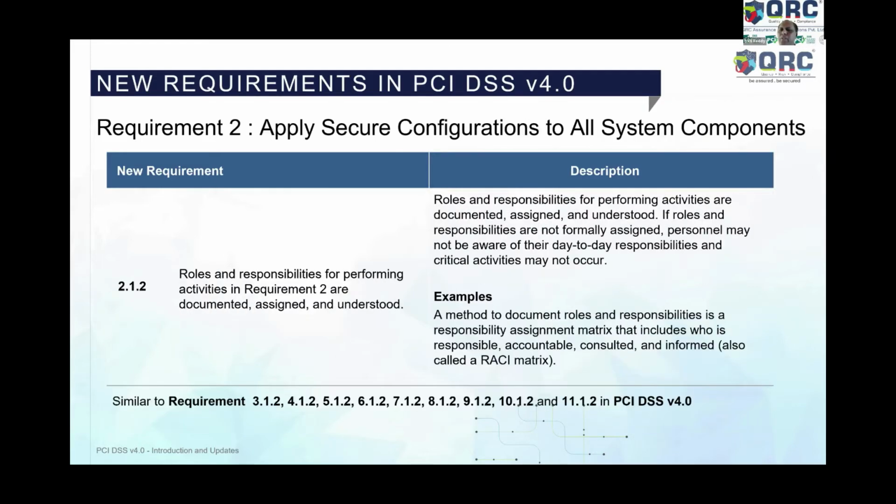Vamshi, I have a question. Yes, sir. Earlier we used to document roles and responsibilities as part of PCI. So how is it different now? In the earlier standard, the first requirement mentioned roles and responsibilities with respect to network security only.